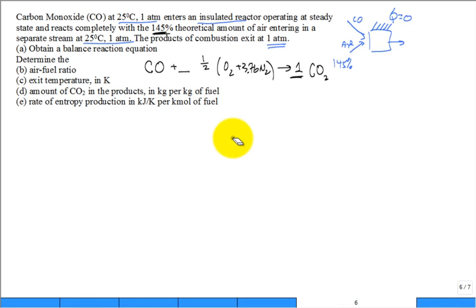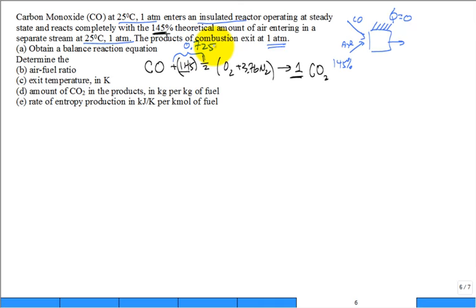Now we multiply by 1.45 to have the 145%. And if you want, you can combine that. You can say that this coefficient right here is 0.725.